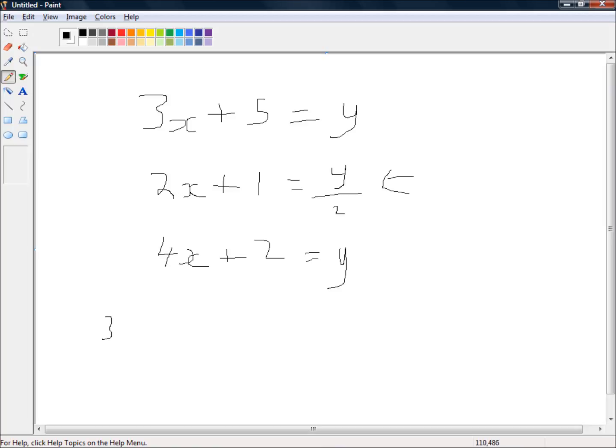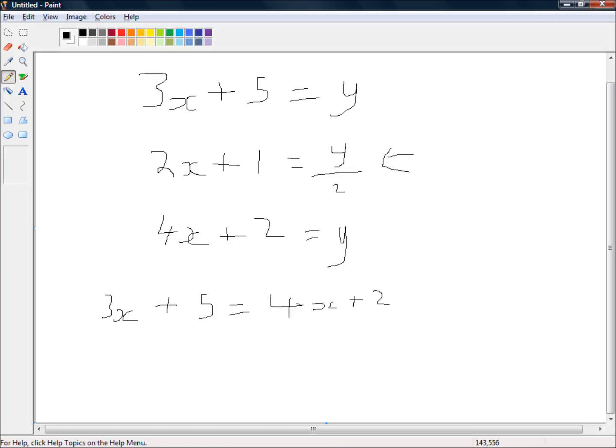So 3x plus 5 is equal to 4x plus 2. Now we just gather like terms. So 5 minus 2. I've taken this 2 over here, and then it's become negative because it's jumped over the equal sign.